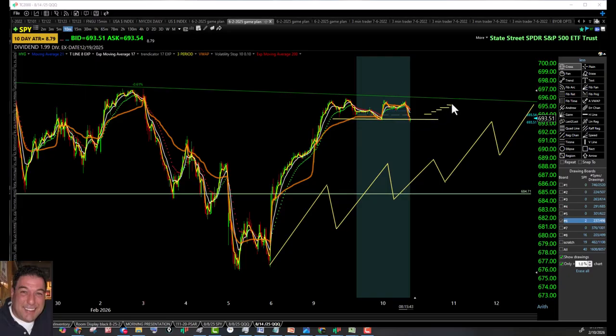And it'll wind up like this, and this is the wind up before they take off and blast through and go challenge the all-time highs. Okay, so we'll watch for that to happen, okay?